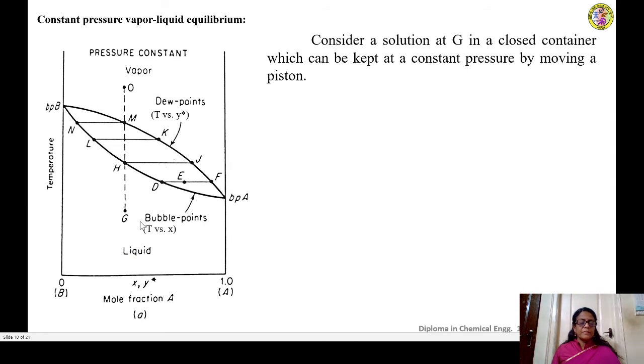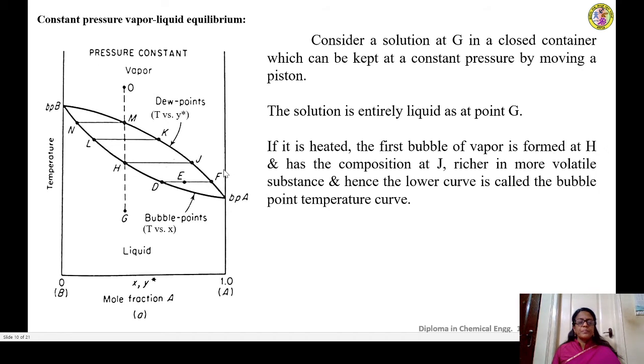Now keeping this liquid at that particular constant pressure, if you increase the temperature of the solution, how the phase change occurs is represented by the process that is represented by the line GHMO.